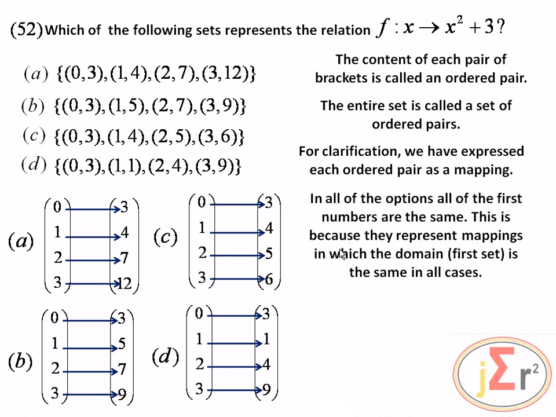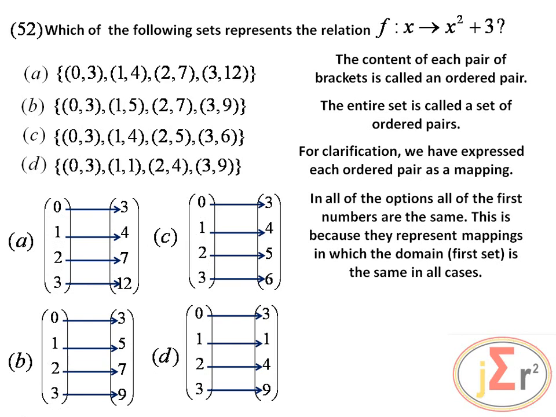In all of the options, all of the first numbers are the same. Notice that we have 0, 1, 2, 3, 0, 1, 2, 3, and so on. So we see that in all of the options, all of the first numbers are the same.